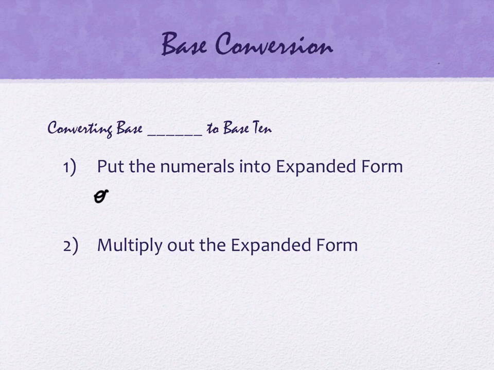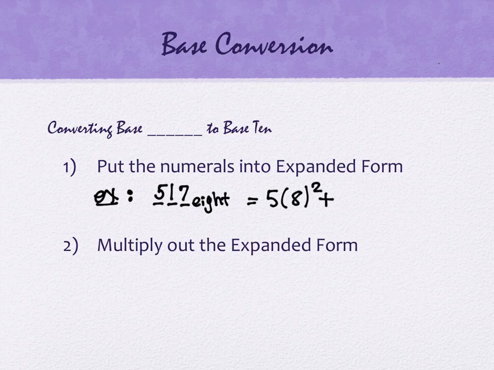It doesn't take a lot of space, but if I had the number 517, and I was in base 8, this number 5, this number 1, and this number 7 are all place values that are of value 8. So this 5 is in the 8 squareds place.